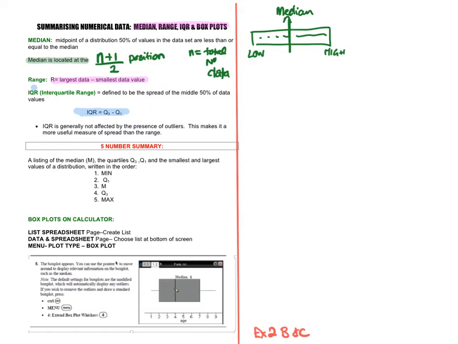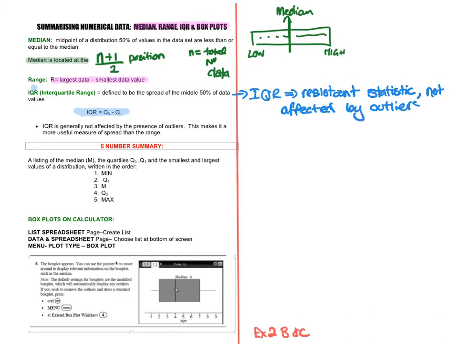So you might also write that the IQR is a resistant statistic, which means not affected by outliers. Okay, and what it says here, it shows you the middle 50% of the data.